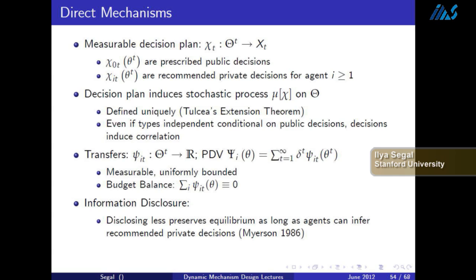While a stronger condition of ex post monotonicity would allow implementation even with full information disclosure. So in general, disclosing less will make it easier to satisfy incentive compatibility. But as long as the agents have private actions, you have to disclose enough. You have to at least tell them what actions they're supposed to make.